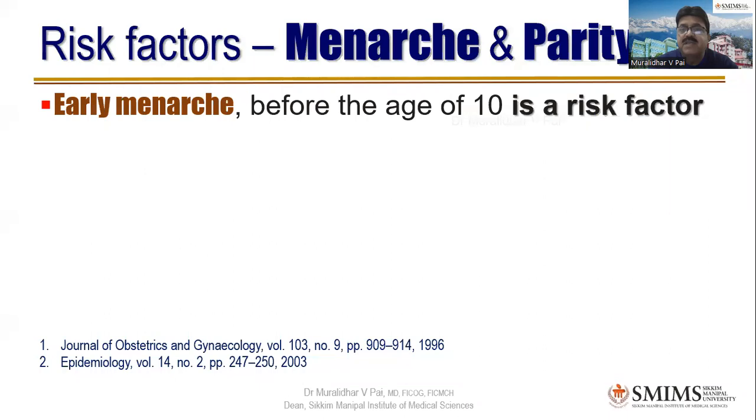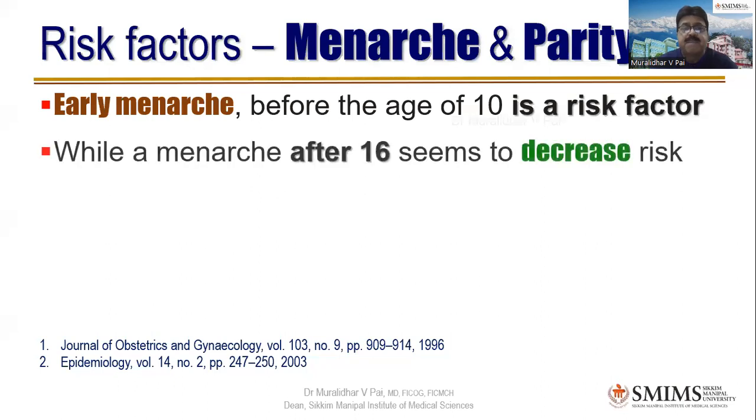Early menarche before the age of 10 is a risk factor, obviously, because she will start producing estrogen like anything. And that's why if they mature early or they have menarche early, they will also become short-statured because estrogen comes very early and they will close the epiphysis, isn't it? While a menarche after 16 seems to decrease the risk.